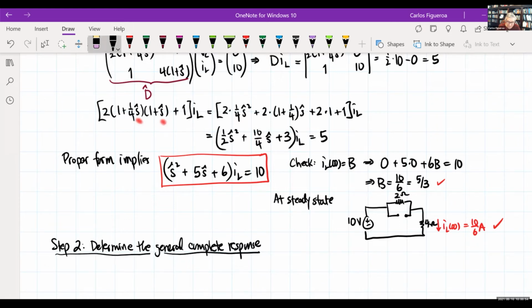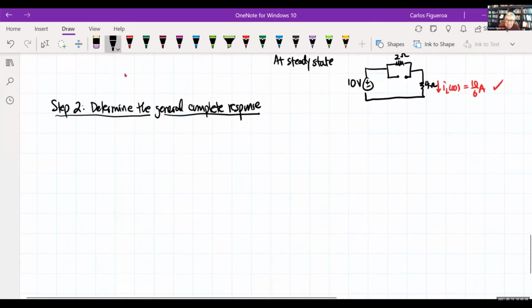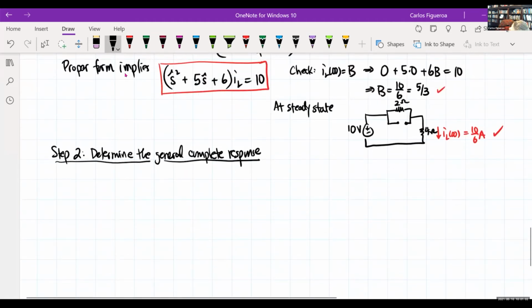If I look at this guy, we know here that if I look at my characteristic equation, it looks like this. Slash roots, what does it look like? Well, it looks like this. So it's got to be s squared plus 5s plus 6 equal to 0.